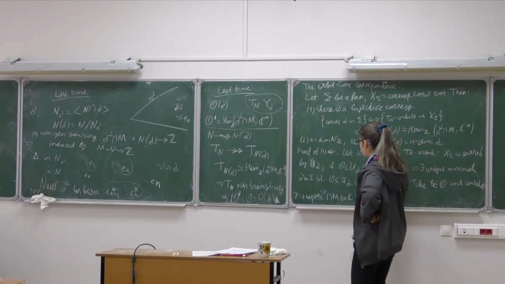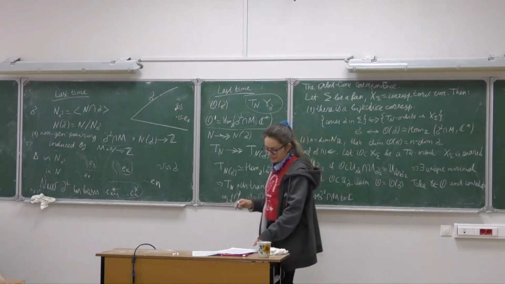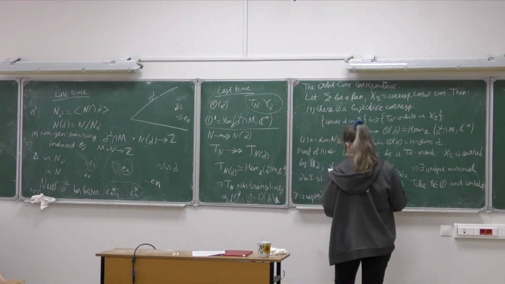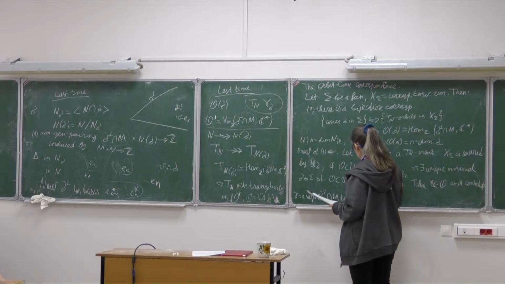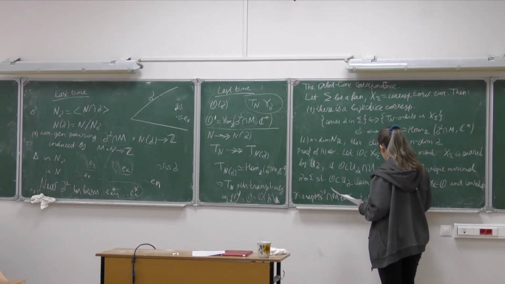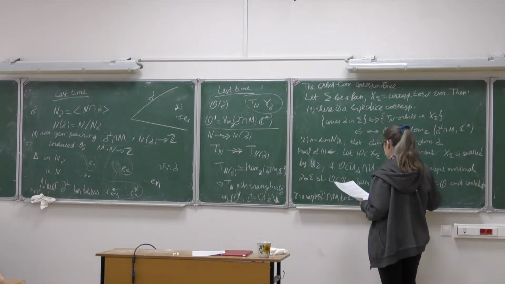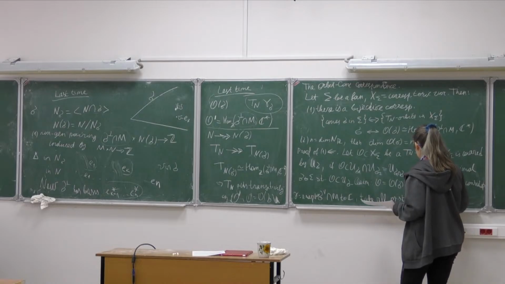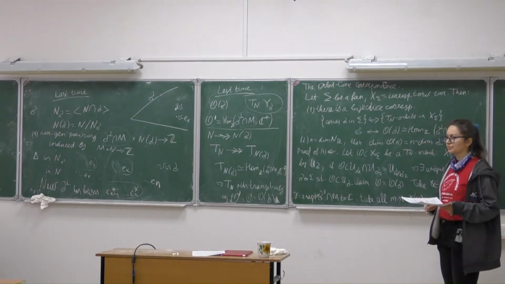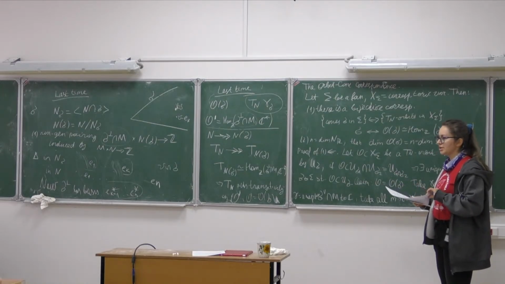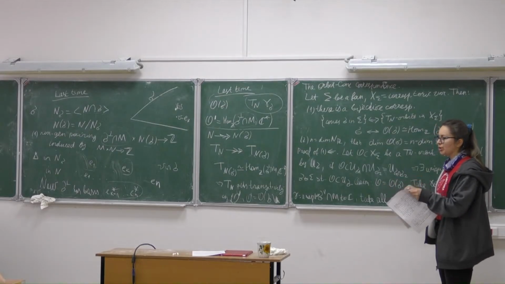Okay, so gamma is some map, and we can take all m such that gamma of m is non-zero. I think I should draw a picture here. I don't want to prove it right now.